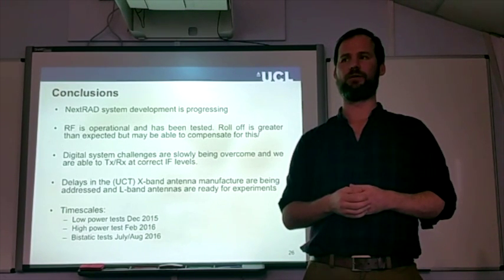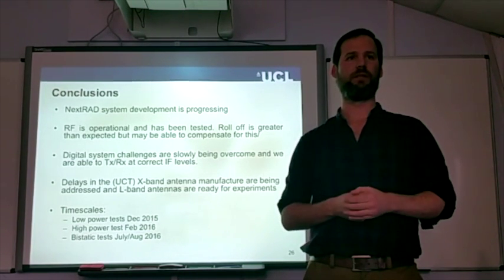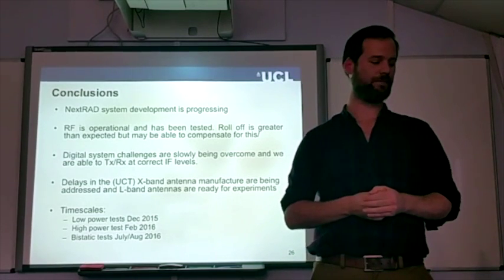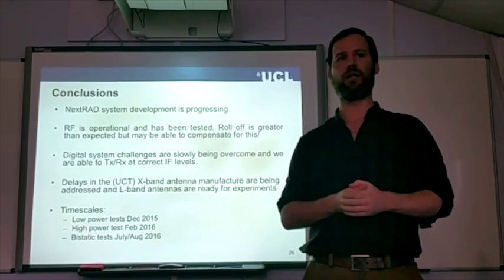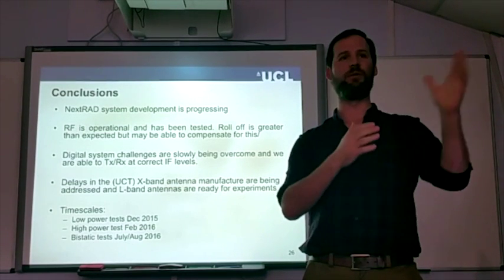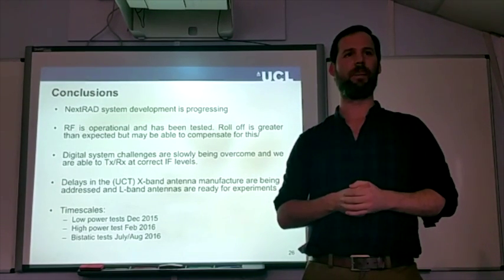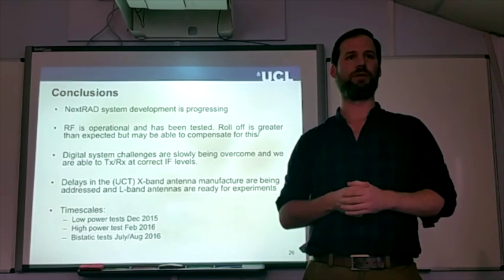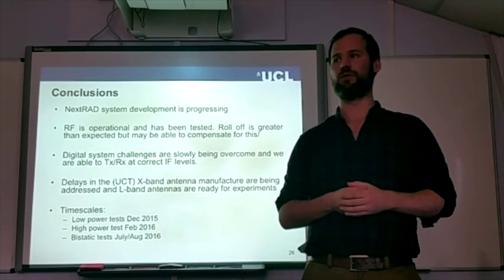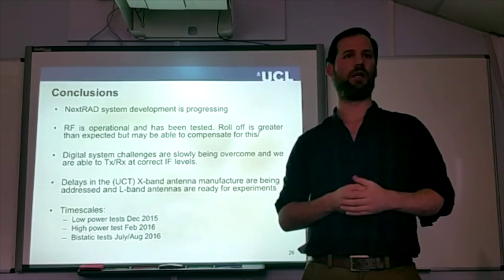I mentioned the UCL antennas, and possibly some S-band versions as well. For timescales, we'd like to get low power tests on the radar, with our first detection, hopefully of Table Mountain, before Christmas. Then higher power tests with the high power RF integrated around February, and then our first bistatic measurements around July.